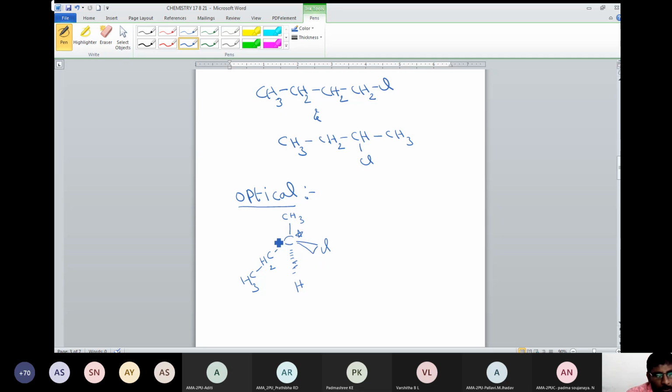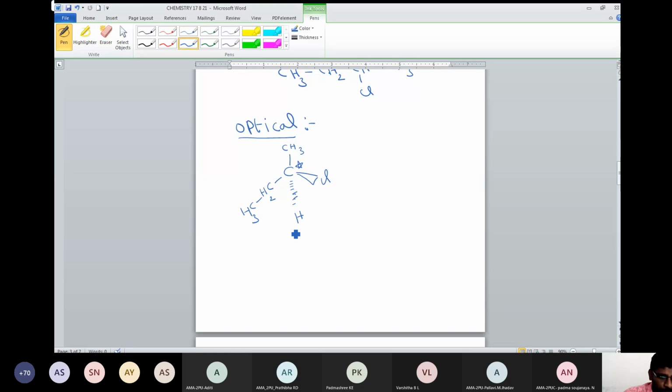How to identify its configuration? Already told in the first PUC. Again I am explaining. When carbon has 4 different substituents, we have to give atomic number priority. Among this, chlorine is the highest atomic number. This we will take as first priority. Second will be this, 2 carbons are there here.